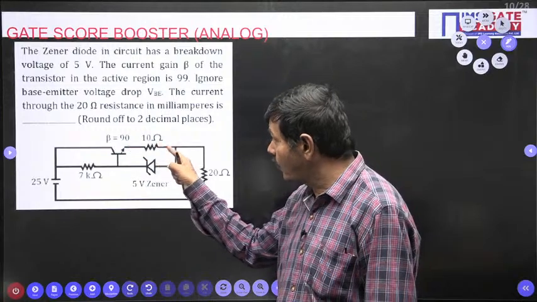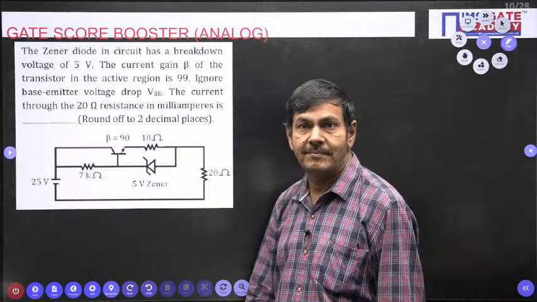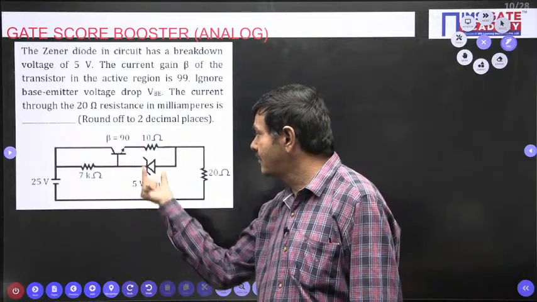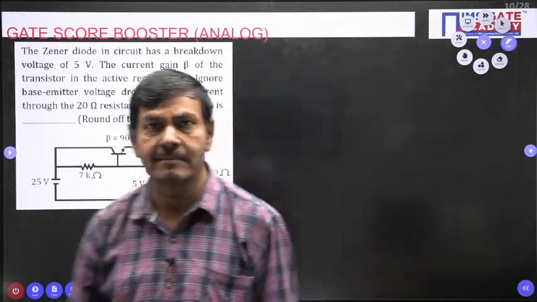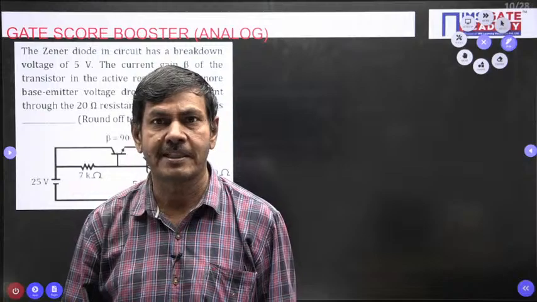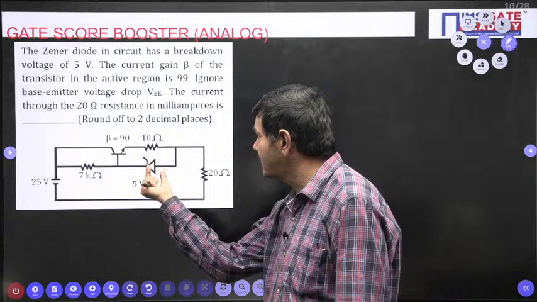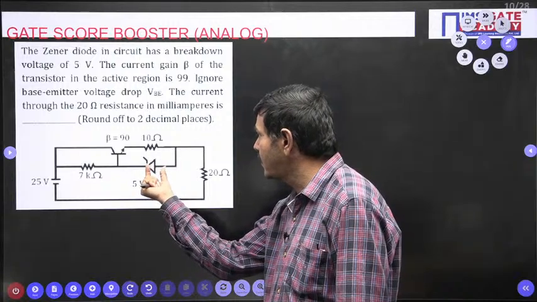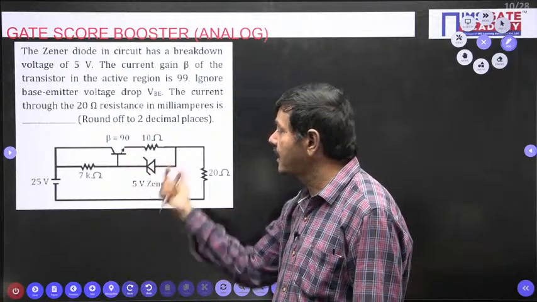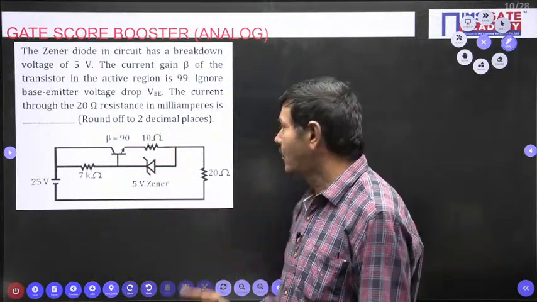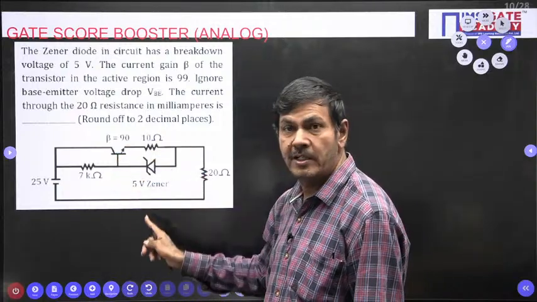If you find the current across 10 ohm, you can find the voltage across this 10 ohm. Voltage across 10 ohm and Zener voltage are equal. We need to check whether it is 5 voltage or greater than 5 voltage. If the voltage across 10 ohm is greater than or equal to 5 voltage, Zener is in on state.